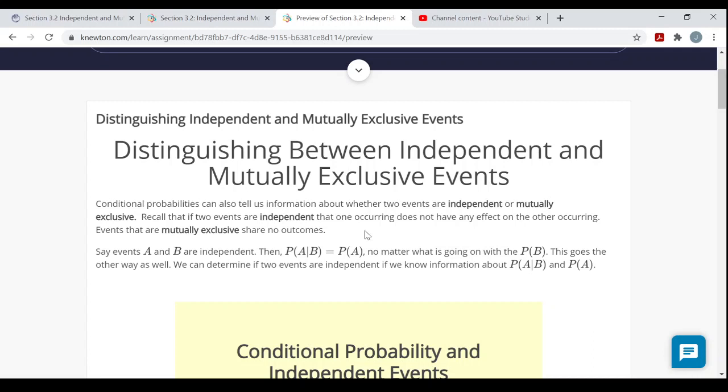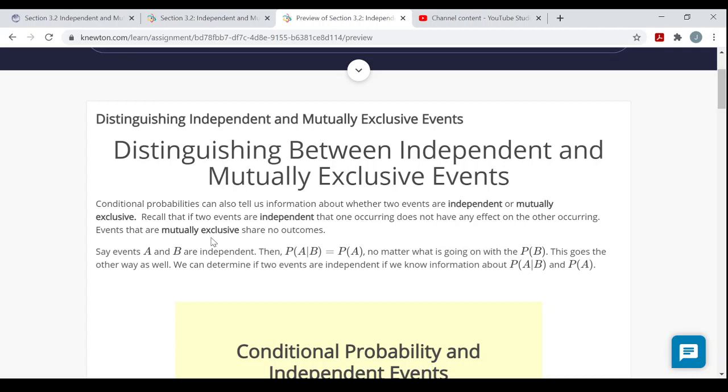It doesn't change. So if I have events A and B, if A happens and it doesn't change the probability of B, then we say that A and B are independent. And if it does change, then they're dependent.